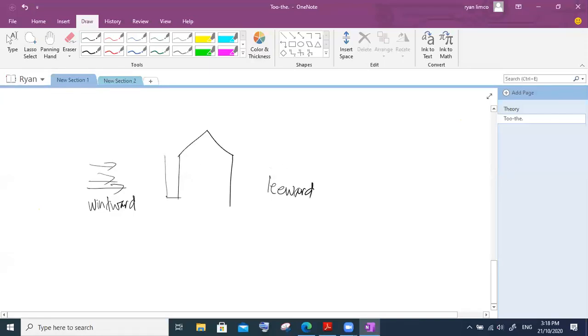So, in the windward side, yung structure is experiencing pressure. Ibig sabihin, this is directed towards the structure. While in the leeward side, this is experiencing suction. The loading is away from the structure. So, we always remember that this side, kung saan nagbo-blow yung hangin, is the windward side, while this other side is referred to as the leeward side.